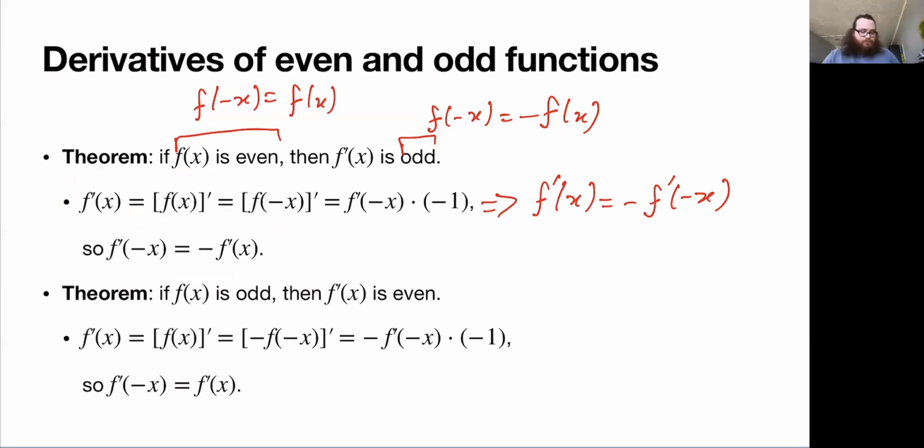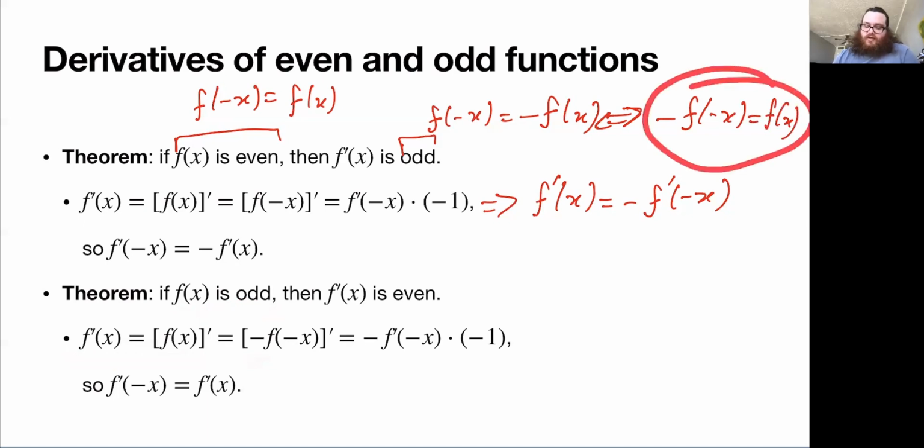You can do the same thing if you're starting with an odd function. So if your function is odd, same first steps here. But now, because your function is odd, this you can rewrite as minus f of minus x is equal to f of x. And so this expression right here, that's what we've written right here.